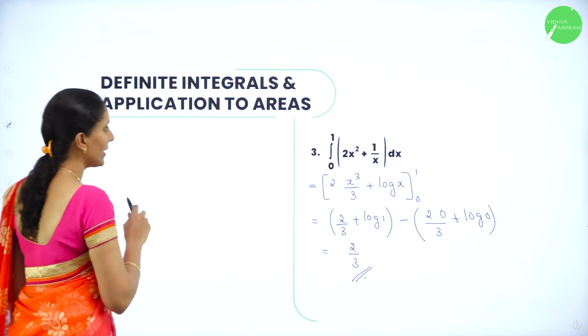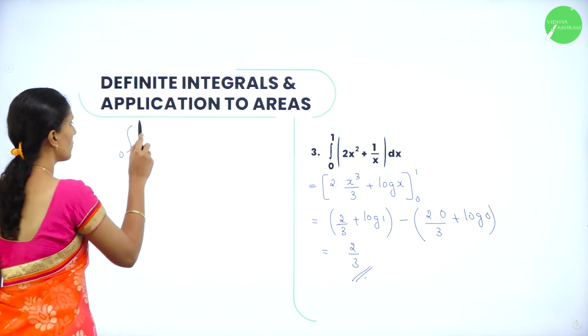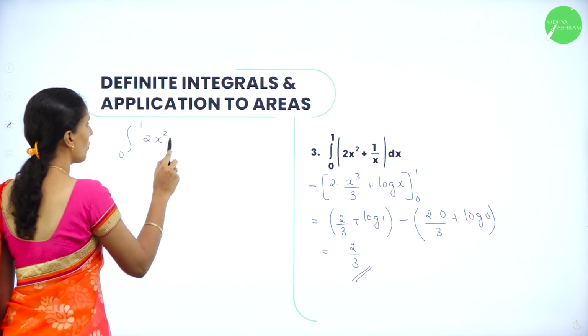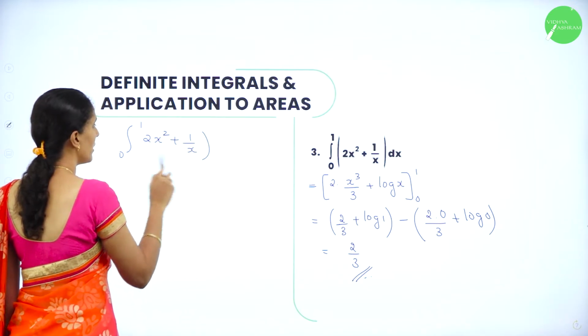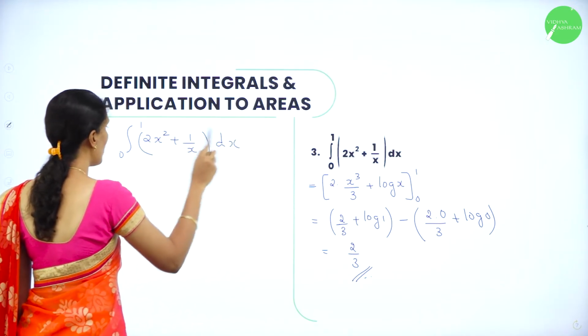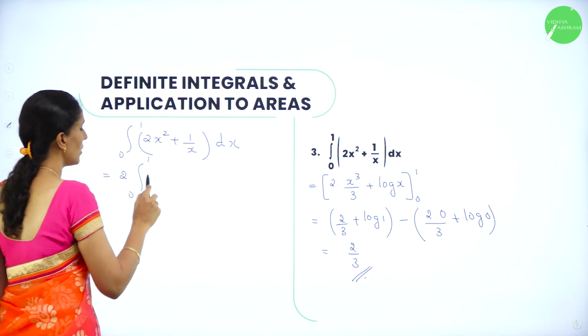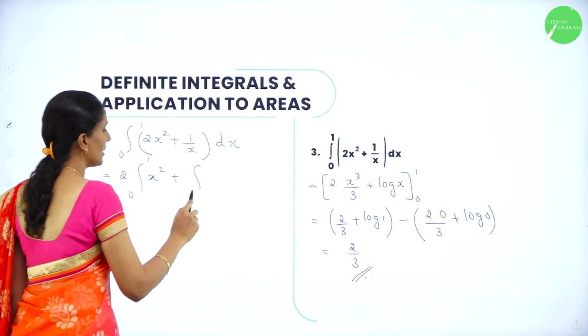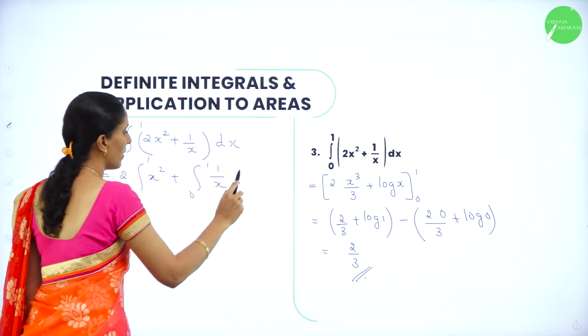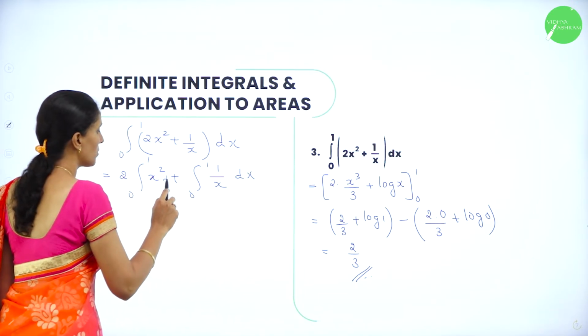Or you can write it as the integration from 0 to 1 of 2x square plus 1 by x into dx. You can take the values separately. 2 keep outside. Integration 0 to 1 x square plus integration 0 to 1 of 1 by x dx. Here also dx.